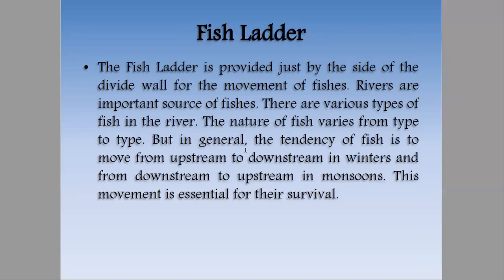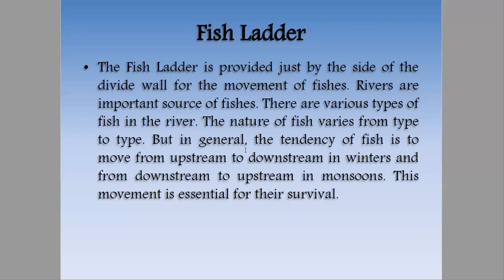So they want to go to the deeper water region where water is more. So they try to go to upstream from downstream. That is in monsoon season. But in winter season, they do vice versa. That is, they go to downstream from upstream. Okay. So you have to keep this in mind.